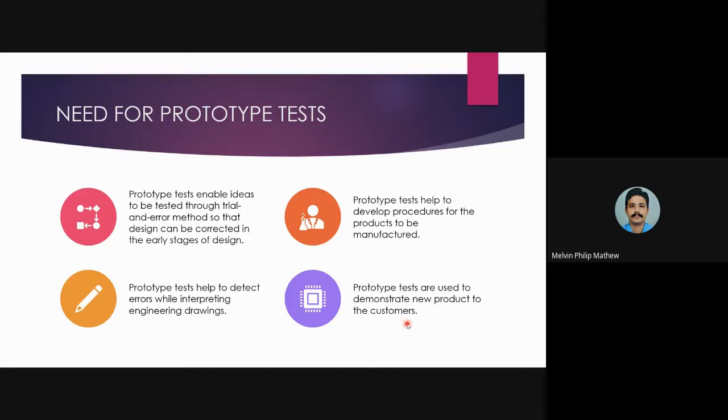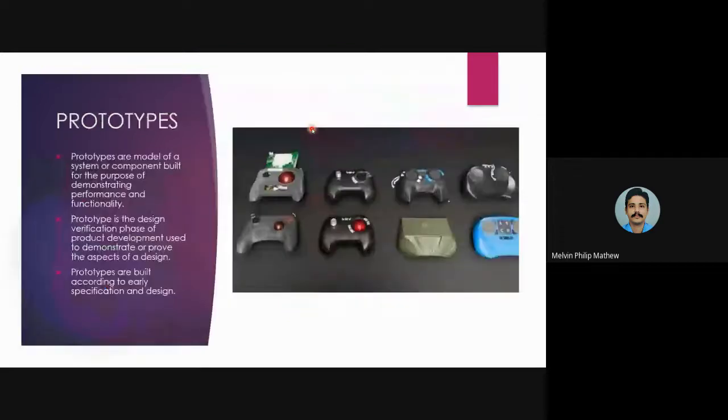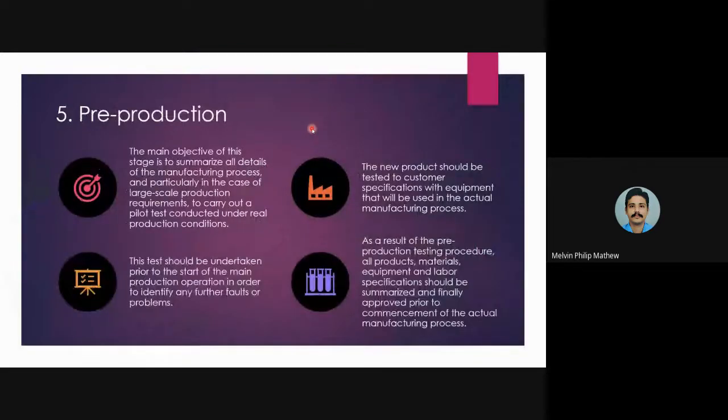For that purpose, prototype tests are also done on customers themselves. Giving the beta version or beta component to set consumers is done for prototype testing. So they also come under prototype test or pre-production development design.